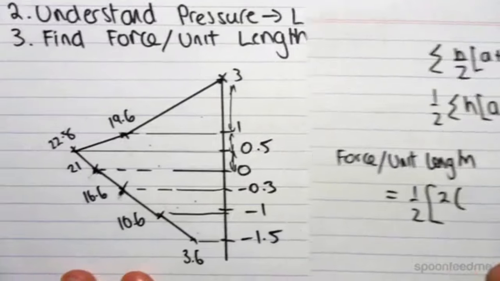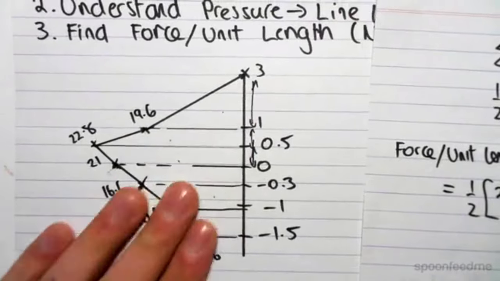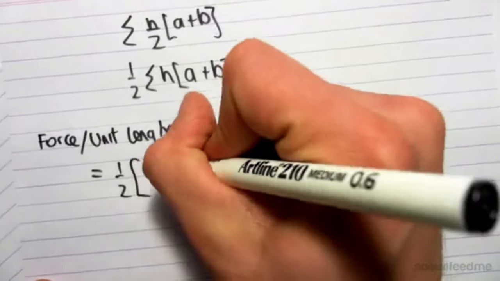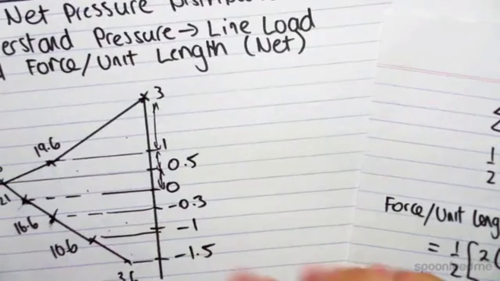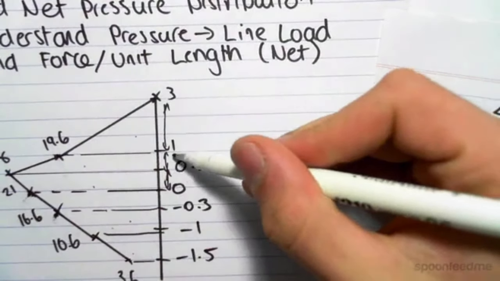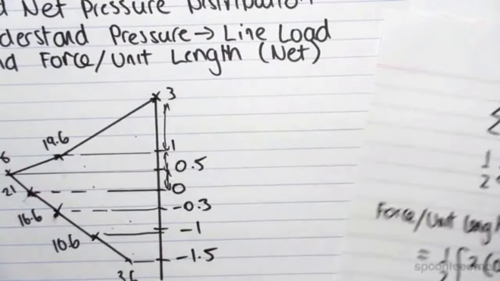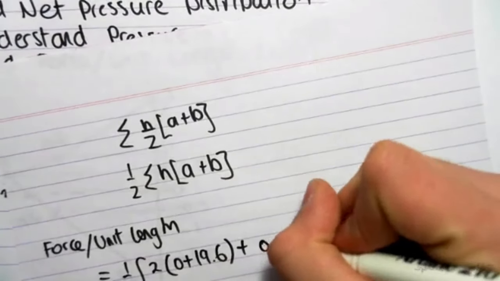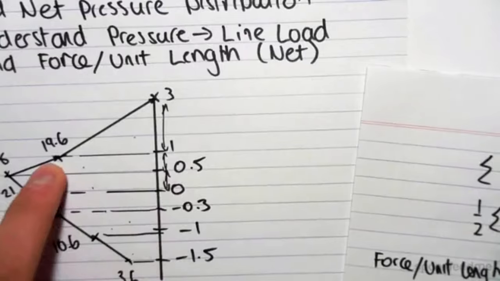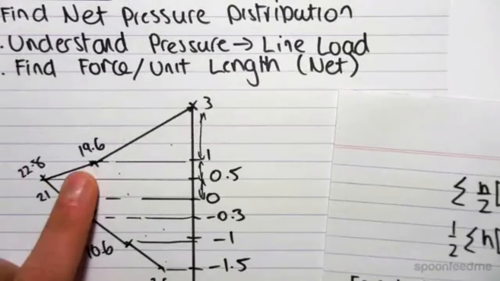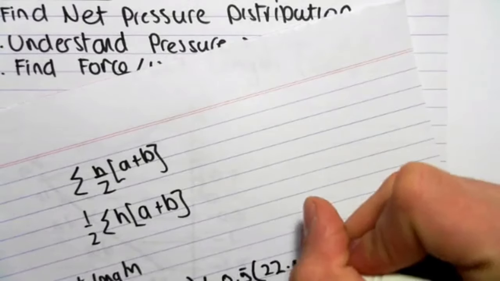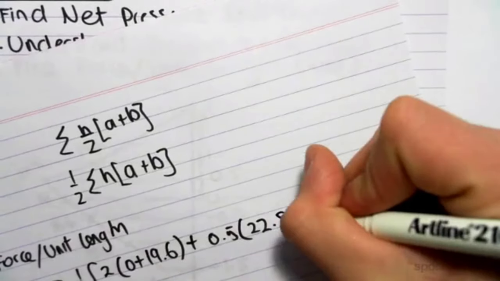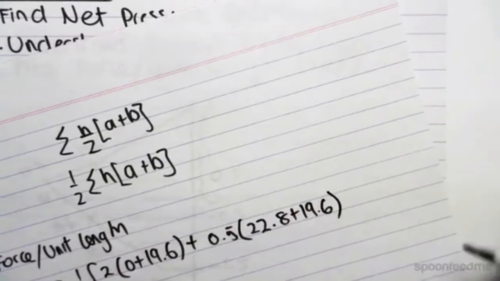So 2 outside of 0 plus 19.6, plus the next height is 1 minus 0.5, which is 0.5, so 0.5 outside of 19.6 plus 22.8. We're finding the area of a trapezium.